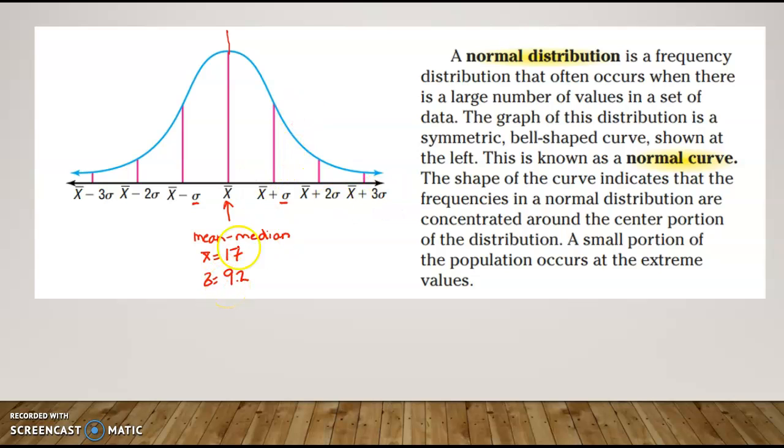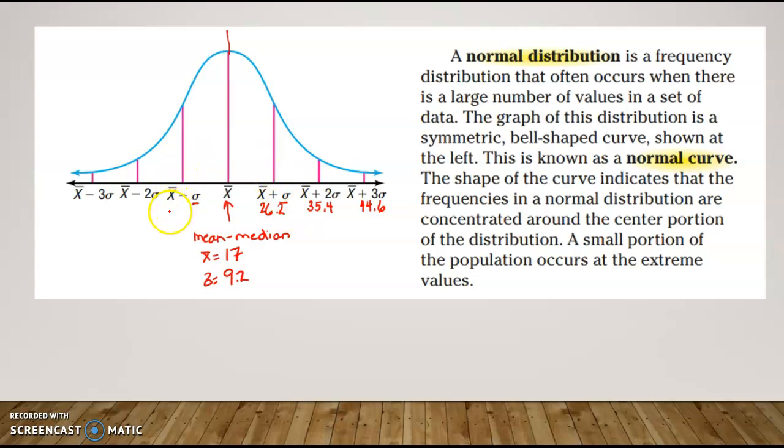Really, if you're adding them up, this first one is 26.2, and then we add another 9.2 to it, and you get 35.4, and you add another 9.2 to it, and you get 44.6.